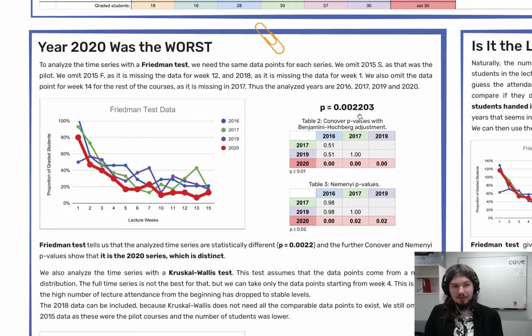And the Friedman test shows us that yes, there is some significance here, that it would be statistically correct to say that one of these series comes from a different distribution than the rest. And if we look at the pairwise comparisons, then it's clear that 2020 is the series that's different from the rest.